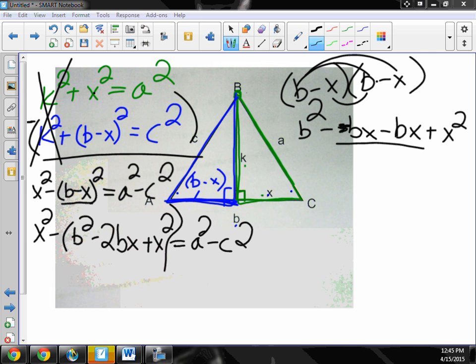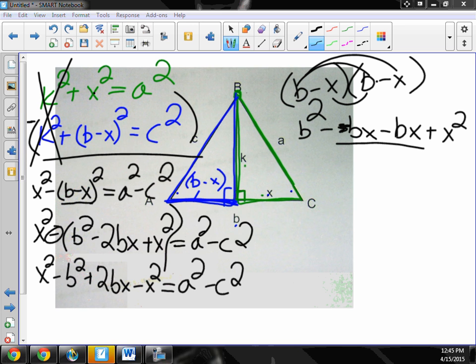Wow. Okay. What does this negative do to those values inside the parentheses? Changes all their signs. So it's X squared minus B squared plus 2BX minus X squared is A squared minus C squared. Does anything simplify?